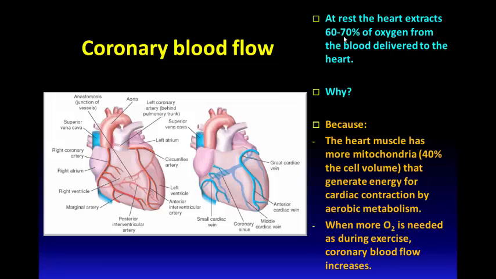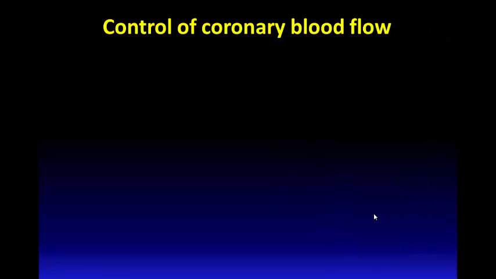This high number of mitochondria is important to generate the energy for cardiac contraction by aerobic metabolism. When more oxygen is needed, as during exercise, coronary blood flow should increase because there isn't much oxygen reserve in the blood which flows away from the myocardium even at rest.